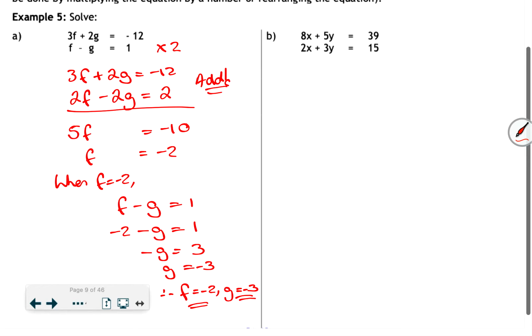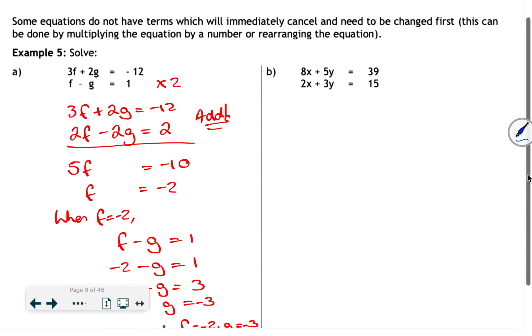Okay. The next example, I have 8x plus 5y is equal to 39, and 2x plus 3y is equal to 15. Right, same idea here. I want to take a look at the variables in the middle.